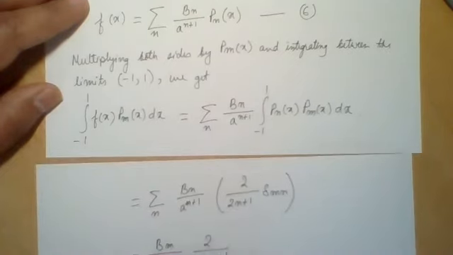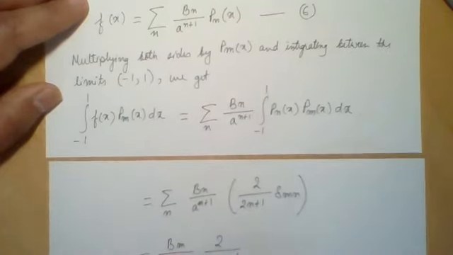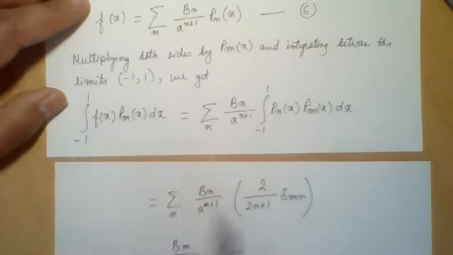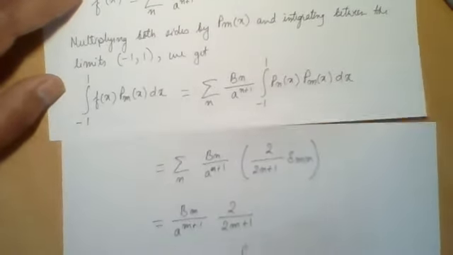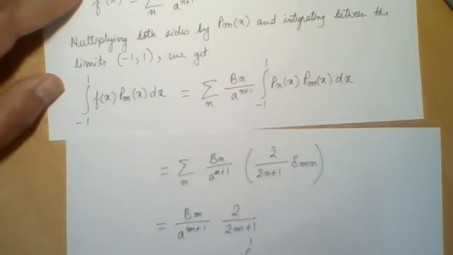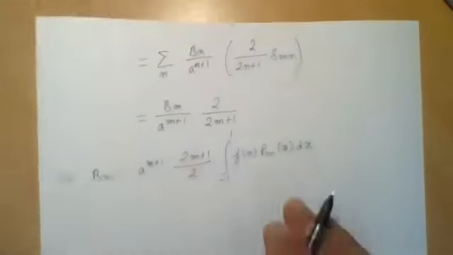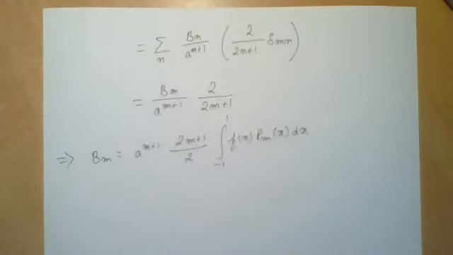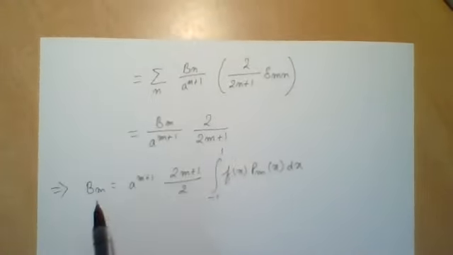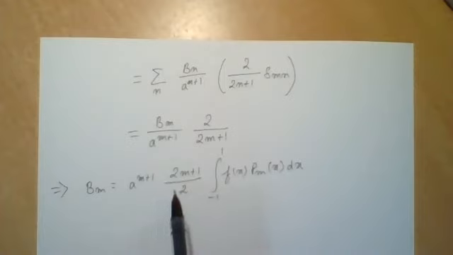Bm is equal to a to the power m plus 1 times 2m plus 1 divided by 2, then the integration from -1 to +1 of f of x Pm(x) dx.